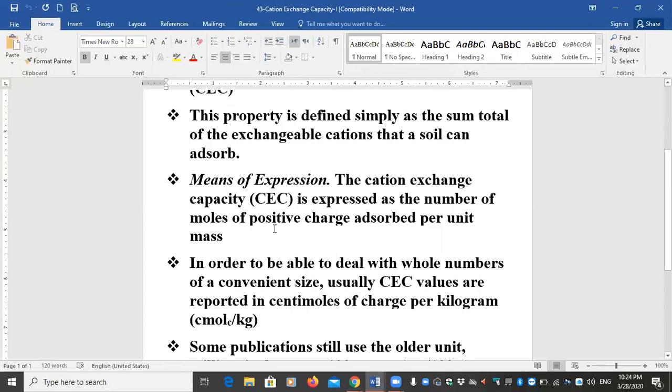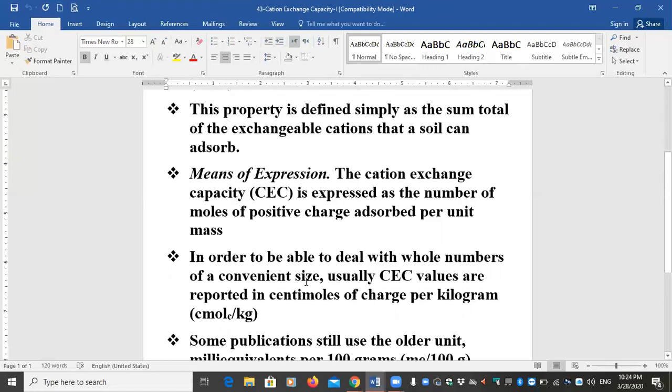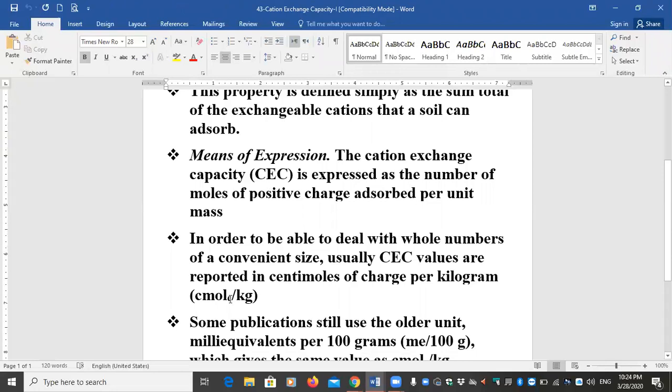So instead of using the mole, a large unit, we use centimole, which is a smaller unit, so that the numbers when we measure them will be large and convenient. It's just a matter of convenience. Of course, we can use mole and still be the same exact amount, but to have numbers that are easy to deal with, the scientists decided to use the centimole, 1/100 of the mole, per kilogram of soil.